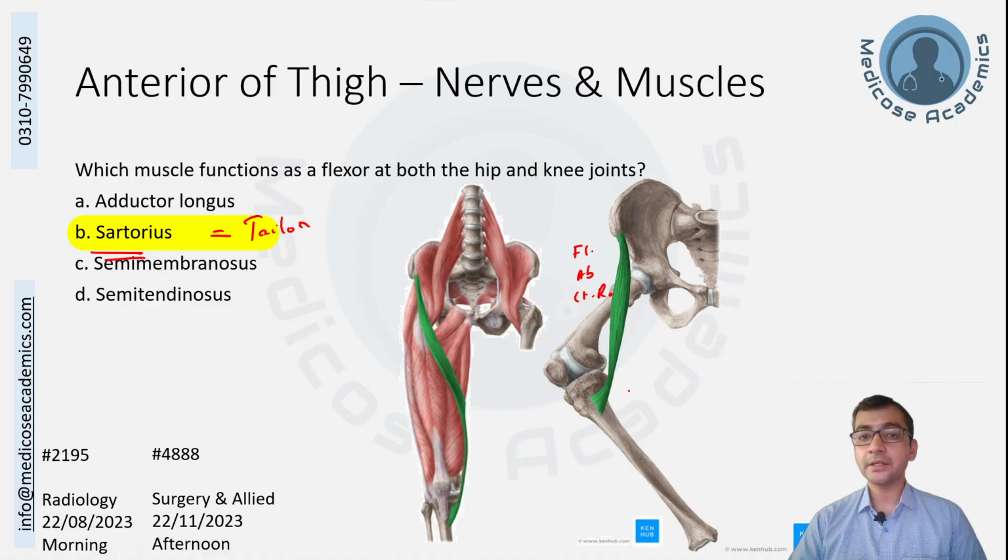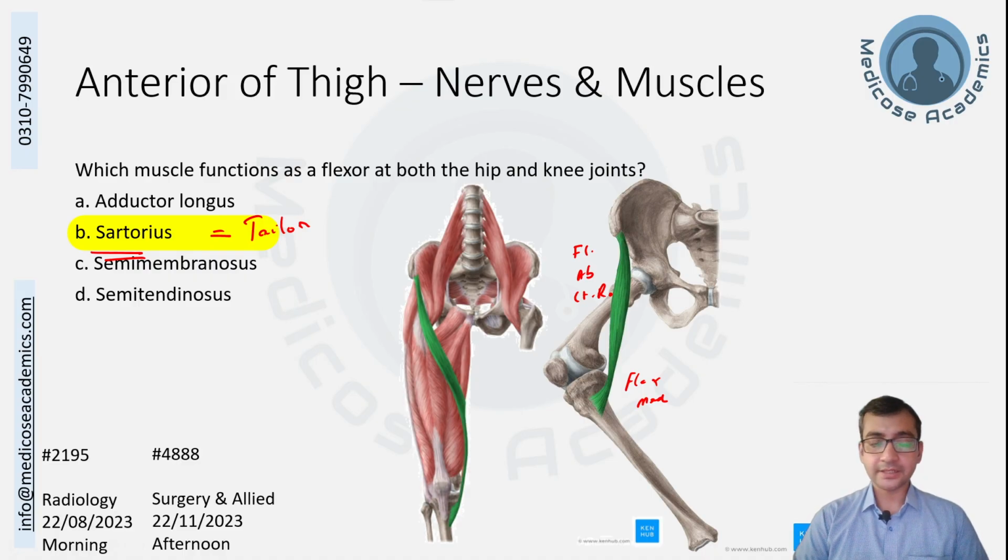At the knee joint there is flexion and medial rotation. So there are a lot of functions to remember for a single muscle, but to memorize them you can just imagine a person sitting on a floor cross-legged. Try sitting like that yourself and figure out the position of your hip and knee joint.